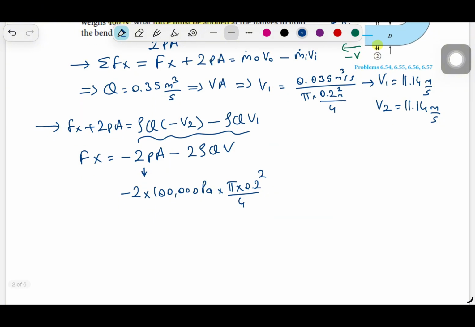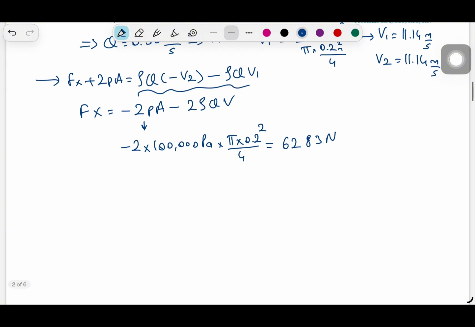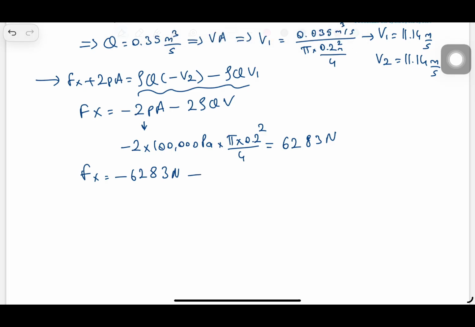And this is actually giving 6,283 Newton. So Fx is equal to 6,283 Newton minus. Now we are going to calculate this term.